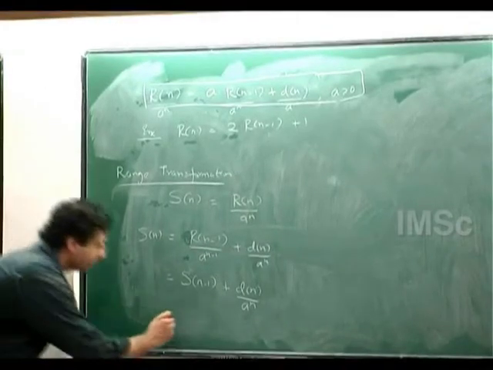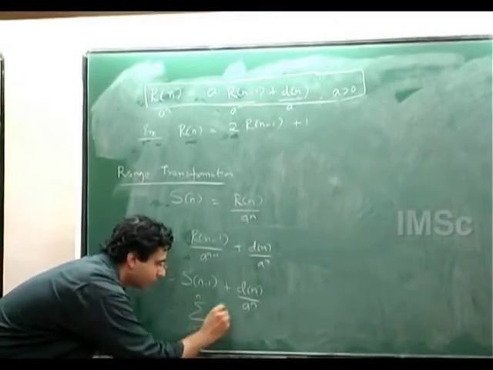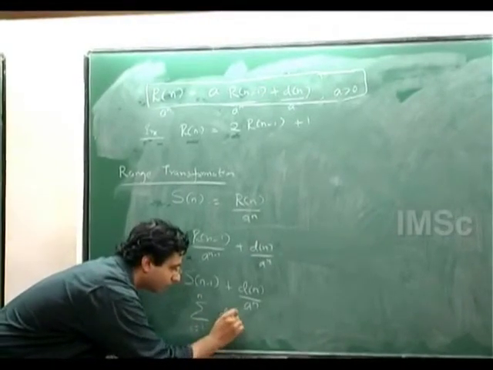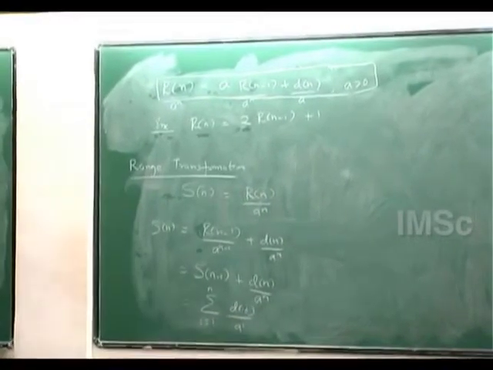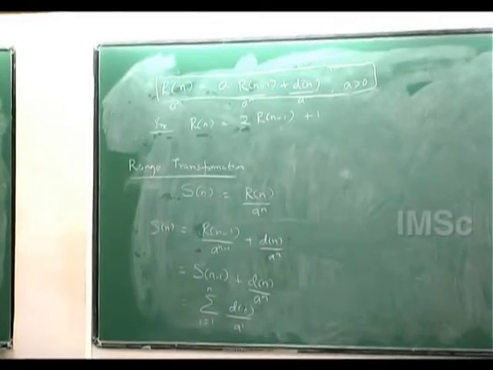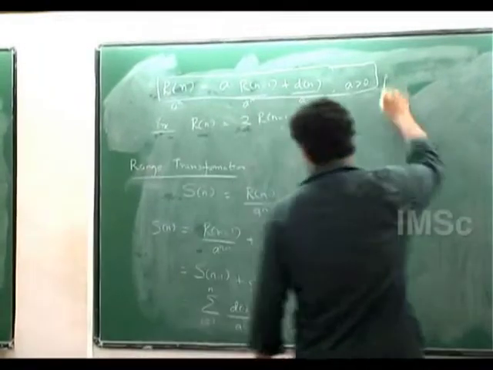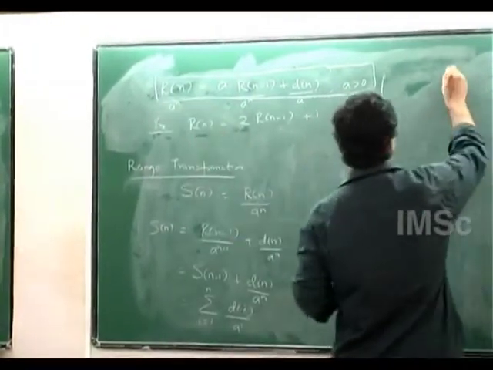So I can write that Sn is just the sum from I from 1 to n of di upon a raised to I. But I want the solution for Rn.